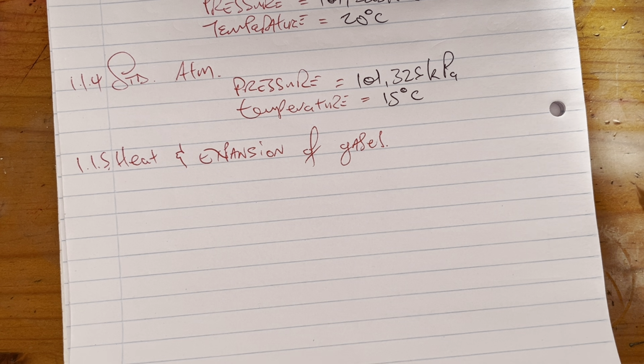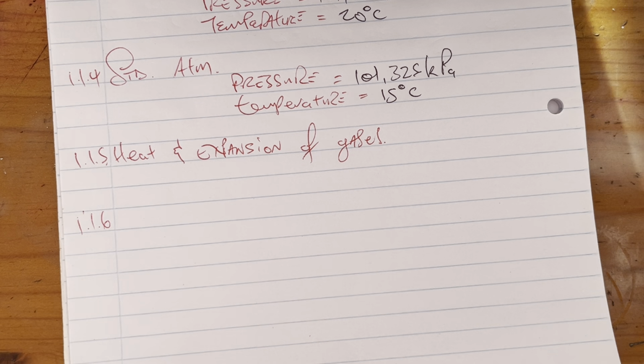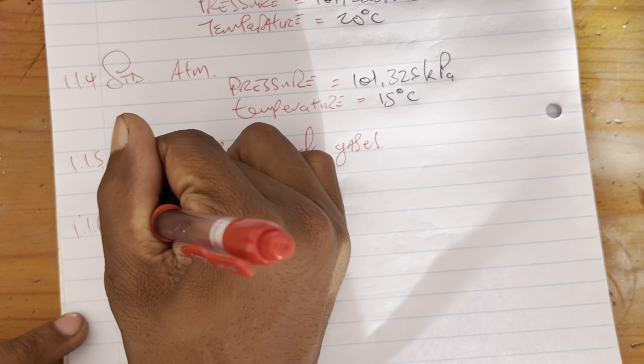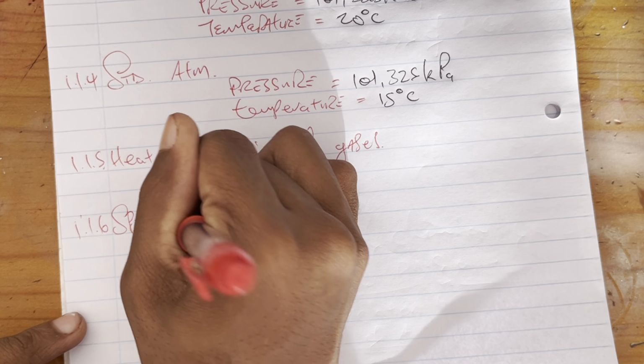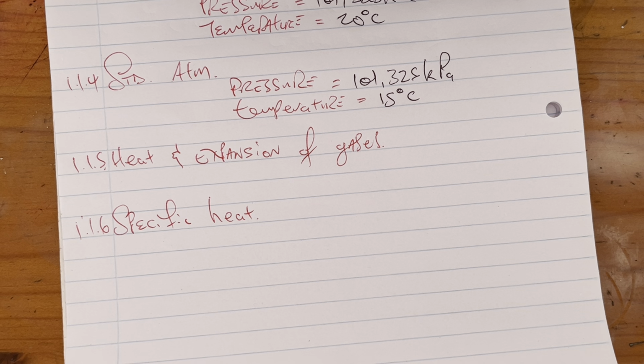Then let's go further. There's this other thing called specific heat. Let's just write that down. When we are referring to specific heat, we need to describe the thing we are talking about. The best way to describe it is the amount of heat transferred.